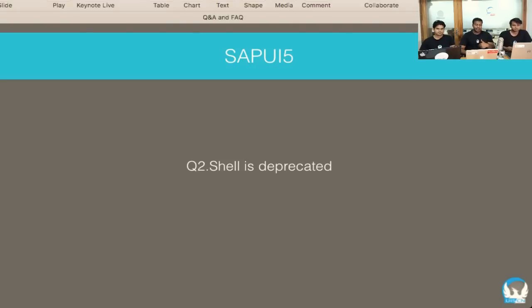So coming back here, in SAP UI5, there was one question that shell is deprecated. I think to answer this question, you can use sap.m.shell, the M version of it, in a production environment. It can still be used.